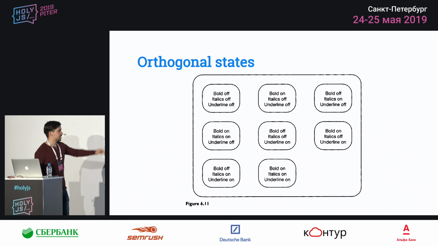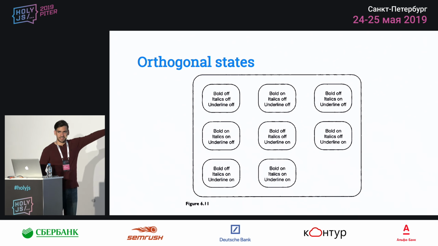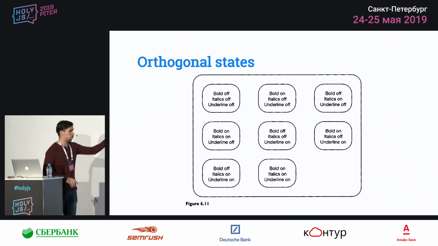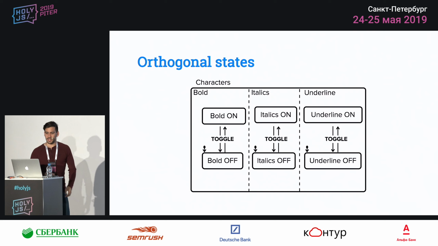Looking back at here, this does not violate the rules of what a finite state machine is. We're still in only one of these states, but it's just visually represented differently, in which each of these start in the off position, and when we toggle each one of these, they're in the on position.